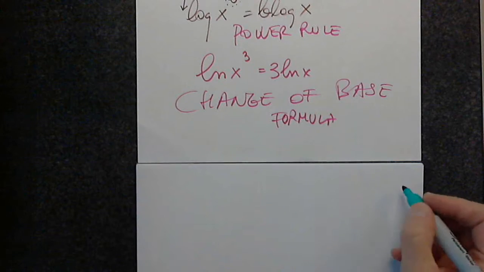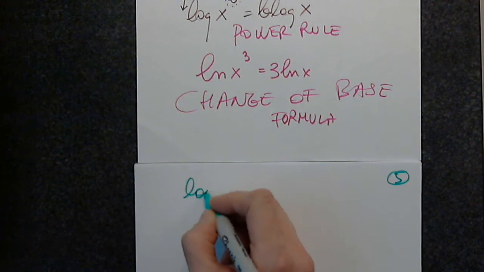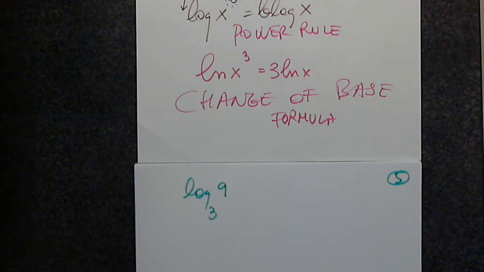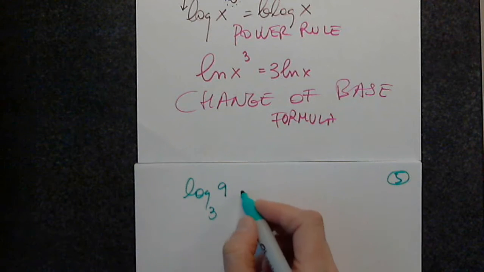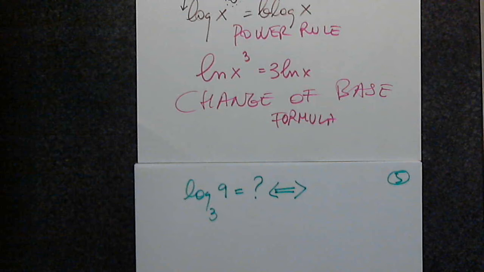Last time we practiced a little bit on, let's say, log base 3 of 9. And we said, this is an unknown, but I know that this is a log equation, and I can change it into an exponential equation. Can anyone refresh our memory how to change this into an exponential equation? Remember, we always start from the base, and we always go counterclockwise.